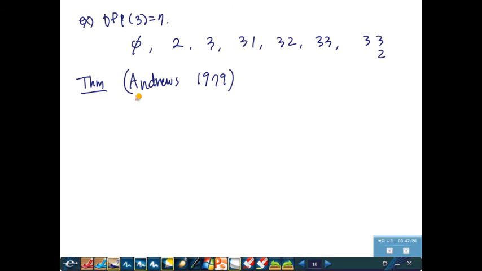They couldn't prove this, so they asked the expert in this area, Richard Stanley, the author of Enumerative Combinatorics. He's a very famous combinatorialist, mathematician.